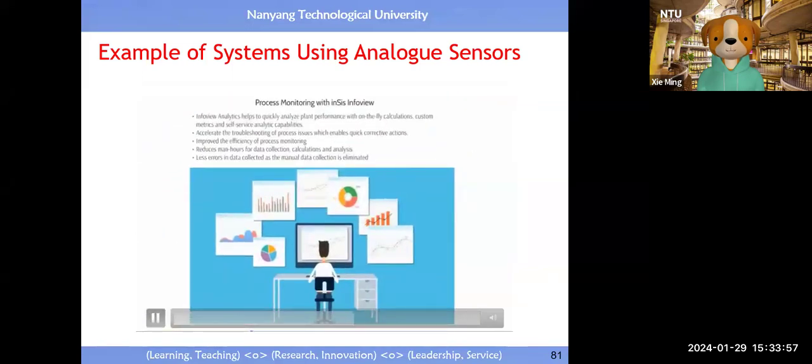InfoView analytics helps to quickly analyze plant performance with on-the-fly calculations, custom metrics, and self-service analytic capabilities. It accelerates troubleshooting of process issues, which enables quick corrective actions. InfoView further improves the efficiency of process monitoring, reduces the man-hours for data collection, calculations, and analysis, and eliminates the errors in data collected.